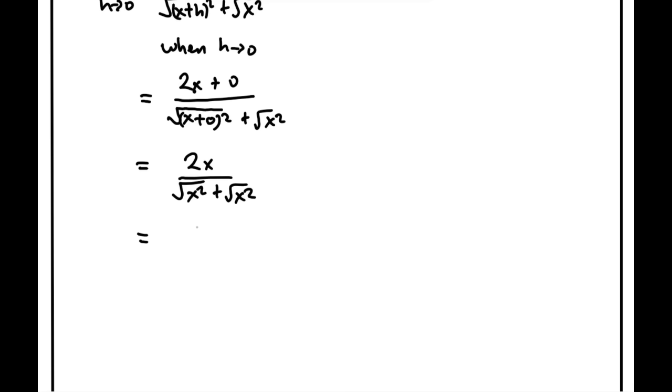Now we can add the denominator, so this will be 2x over 2 square root of x squared. We can cancel out the 2, leaving us with x over the square root of x squared. And this is our f prime of x.